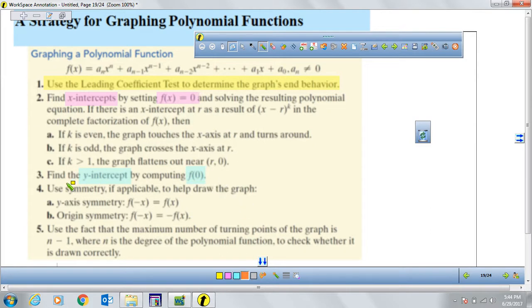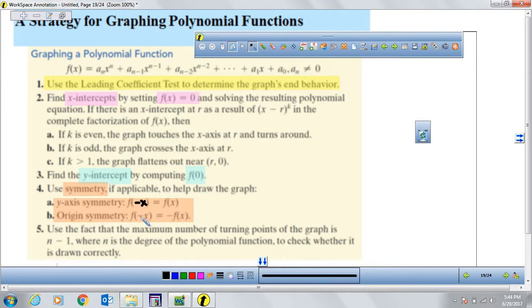We have to determine the symmetry. There are two types of symmetries, y-axis symmetry and origin symmetry. Remember, for a function to have y-axis symmetry means that if I replace every x with a negative x, and the equation doesn't change at all, then it is symmetric with respect to the y-axis.